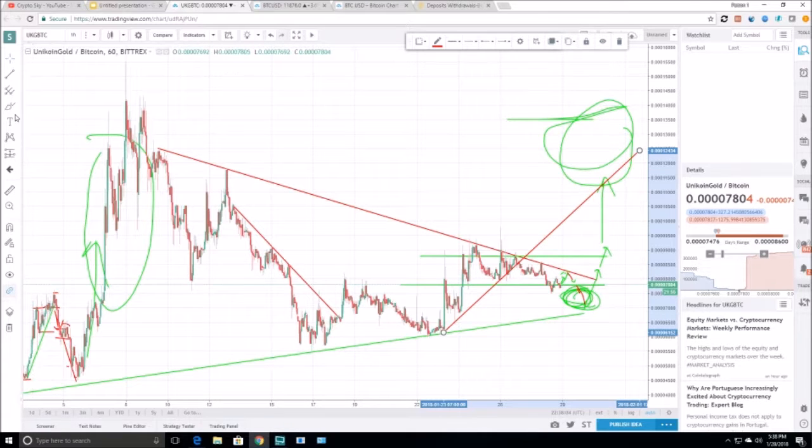So we would maybe expect something like this to happen, and it bounce off that line of resistance, or it could go through. You never know. And obviously this isn't the prettiest graph, but it's just showing you guys how you can use trend lines to predict what the market may do.